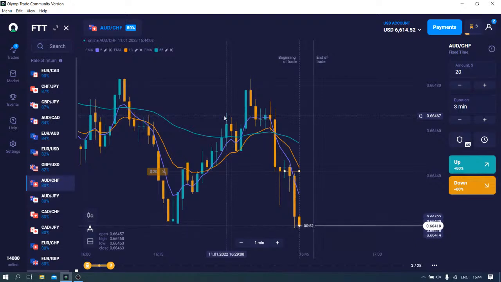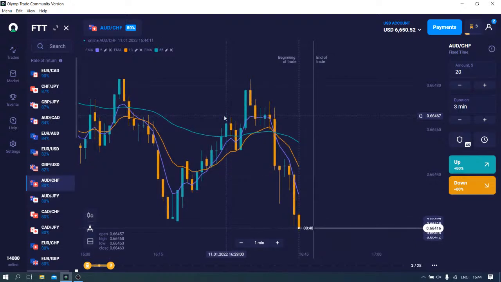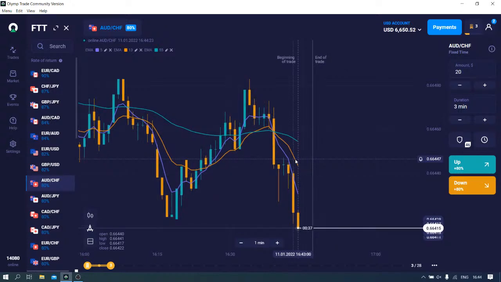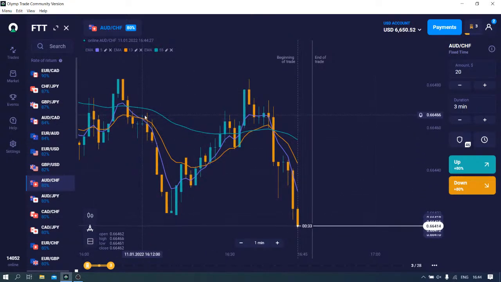Also, graph analysis teaches you how to find geometrical figures on the price graph and act accordingly. All right, so I guess this trade was also profitable.